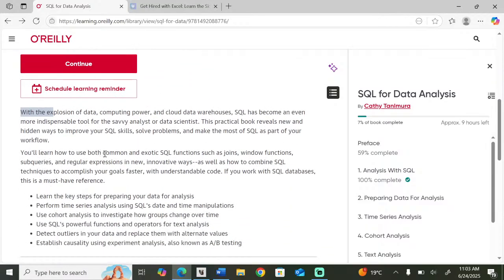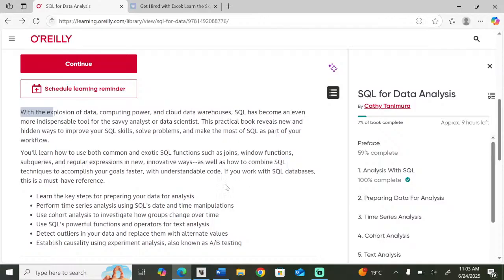You will learn how to use both common and exotic SQL functions such as joins, window functions, subqueries, and regular expressions in new and innovative ways, as well as how to combine SQL techniques to accomplish your goal faster with understandable code.